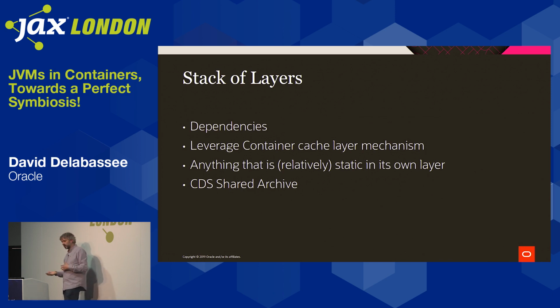But it's more some best practices that we can give and nothing else. If you have stuff that is relatively static, it might be a good idea to put it in different layers. Basically, we can leverage more the cache mechanism of the containers. And then there's something that we can use, that's CDS. That's something that we will discuss later on.